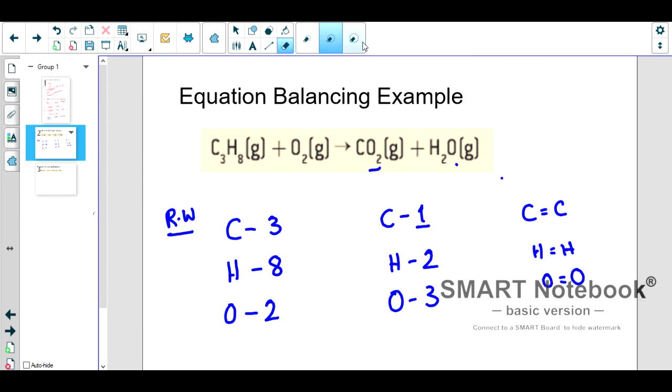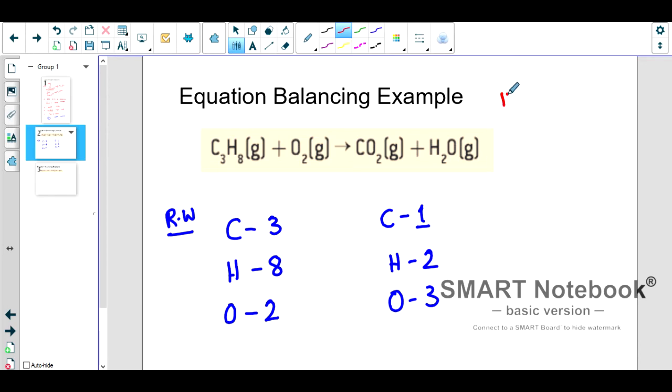Now what we have to do? We have to put different coefficients and try to balance it. This method is called the hit and trial method. You hit and you try to see whether the equation is balanced or not. Let's try. Here we have 3 carbons, here we have 1 carbon.